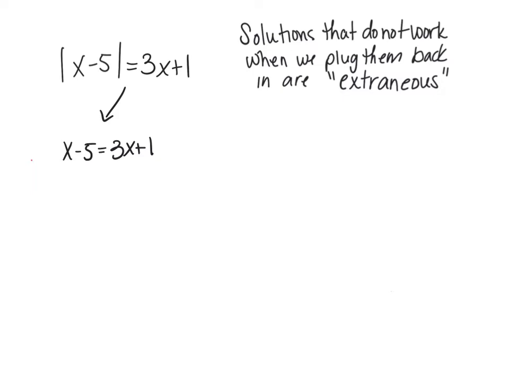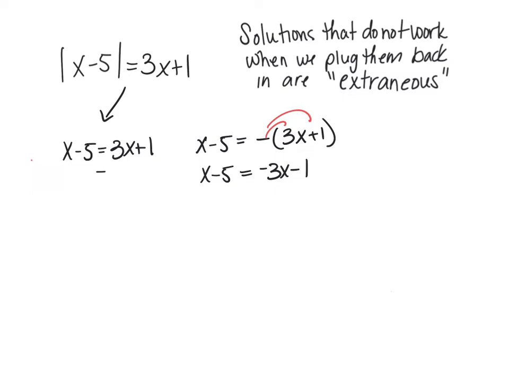The same problem, x minus 5 equals the positive of what it's equal to. And, oops, I don't mean that. x minus 5 is equal to the opposite, the negative of what it's equal to. And that negative needs to distribute to both numbers here. So this equation ends up being x minus 5 equals -3x minus 1.